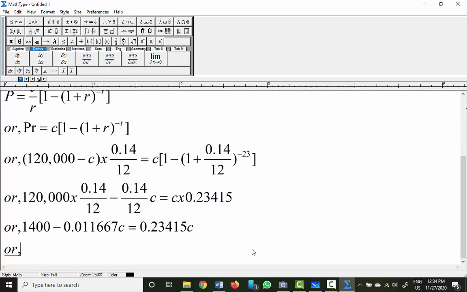So let us bring all the C to one side. If you bring these to the right hand side, we will have 1400 is equal to this one plus this one.